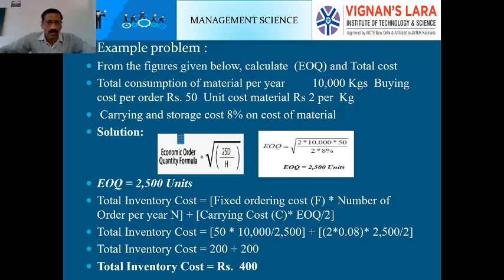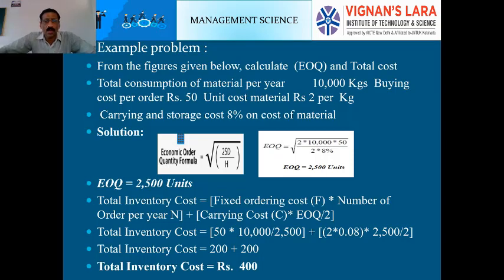Solution. First of all, EOQ formula, square root of 2SD by H. Already I have given the abbreviations. S means ordering cost, H means carrying cost, D means annual demand.